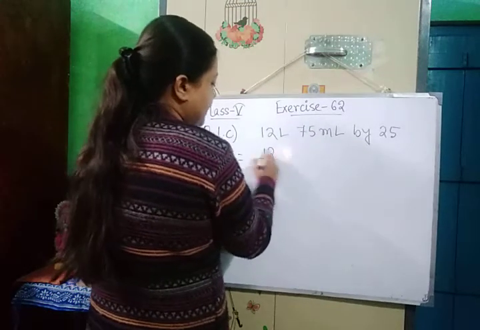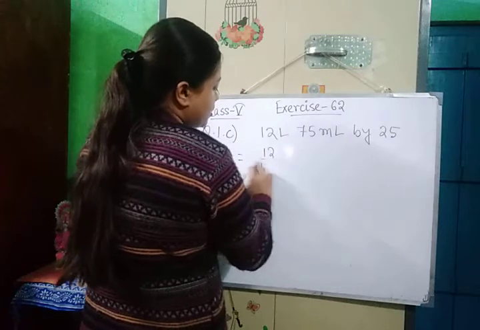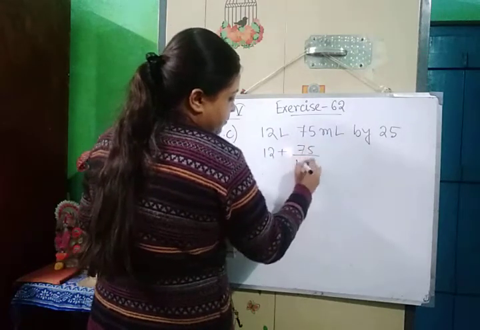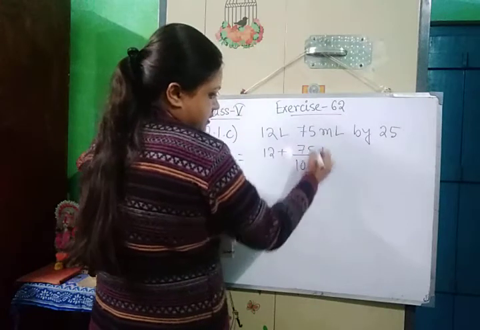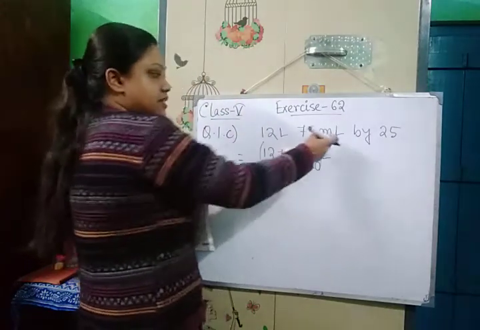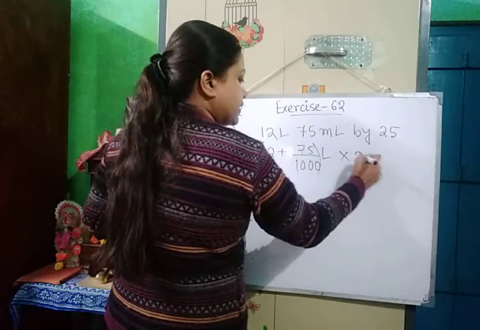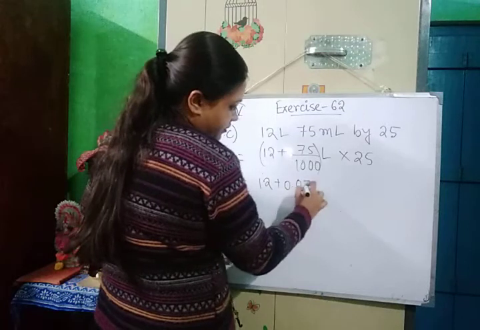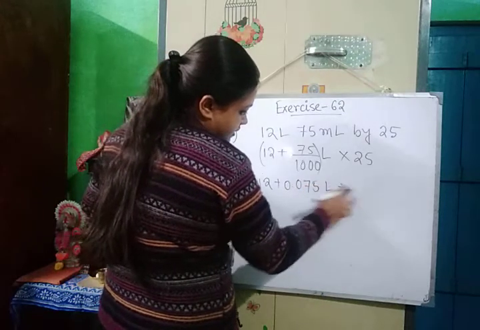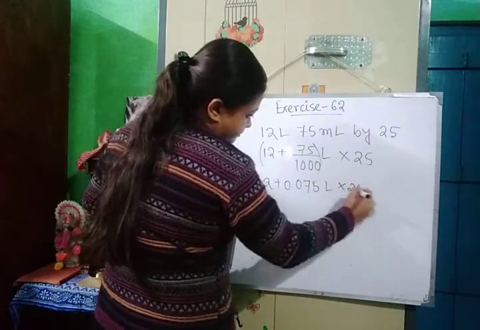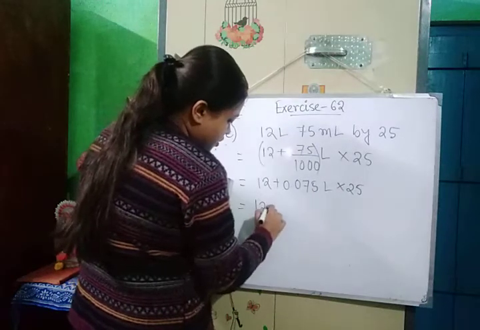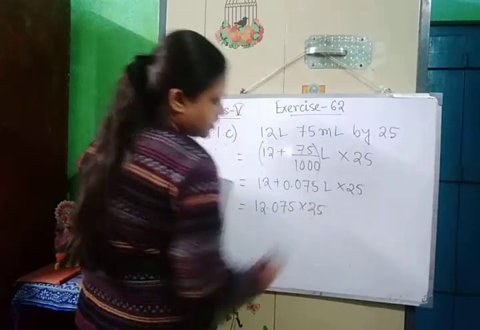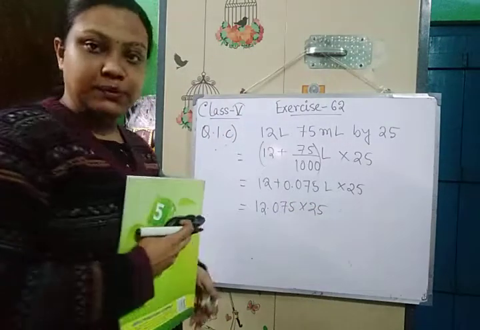So 12 is already in liter. 12 plus 75 divided by 1000 liter, because 75 is in ml. Now into 25. So it's 12 plus 0.075 liter into 25. That means 12.075 into 25. Now we will do the multiplication.